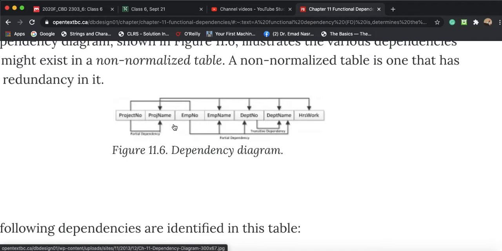For example, project number to project name. So project name depends on project number. The arrow goes to the attribute which depends on the starting attribute of the arrow. So the arrow starts from here and goes here, which means project name depends on project number.